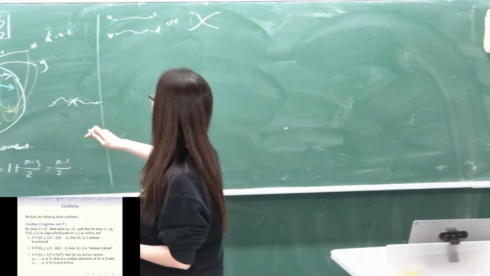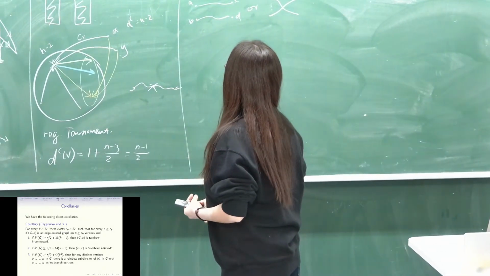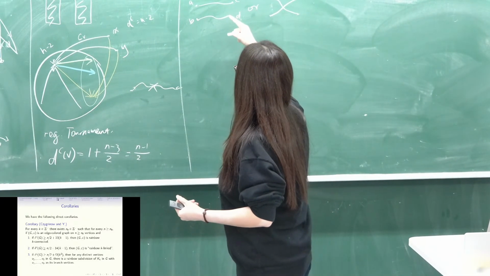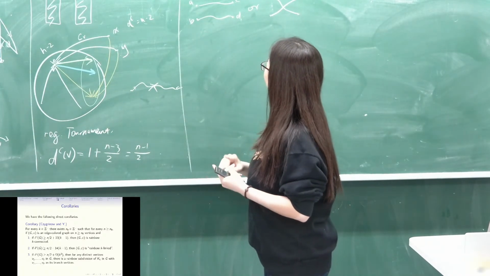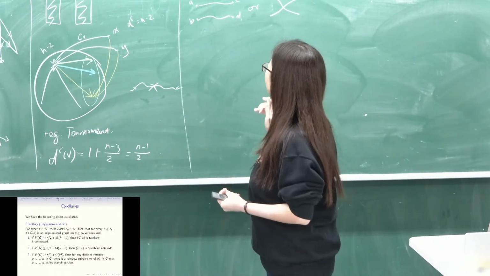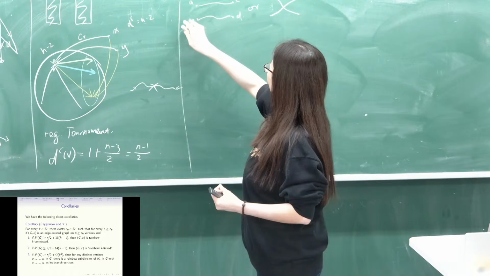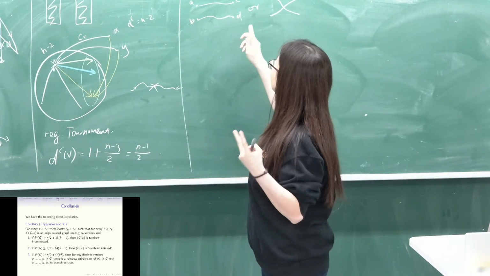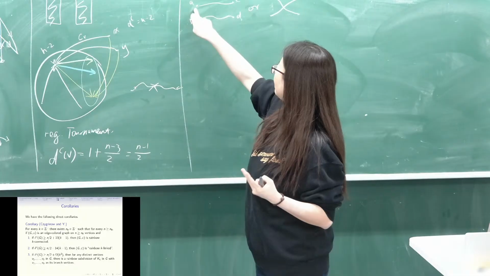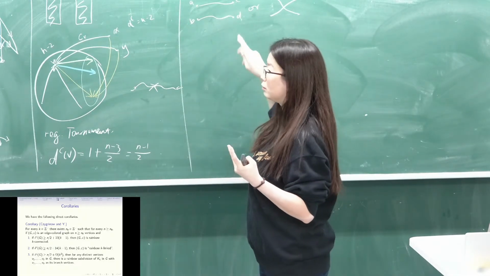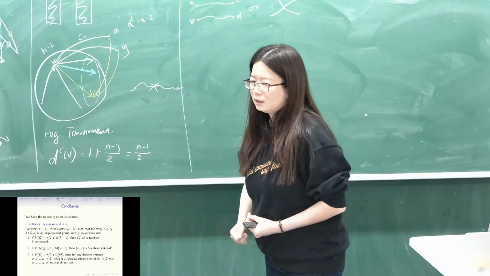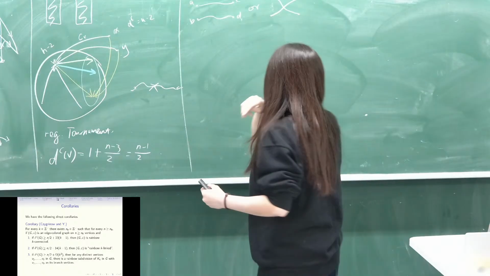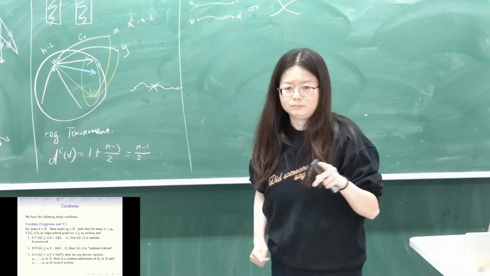But if the graph is two-linked, then we know that there have to be 2 different paths from A, B to C, D, such that one goes from A to C, one goes from B to D.